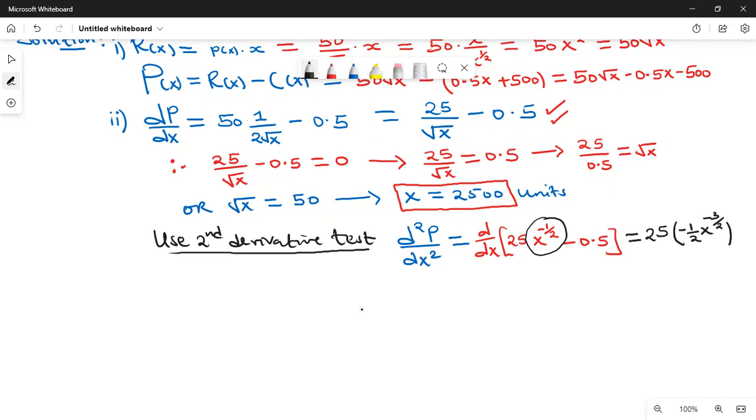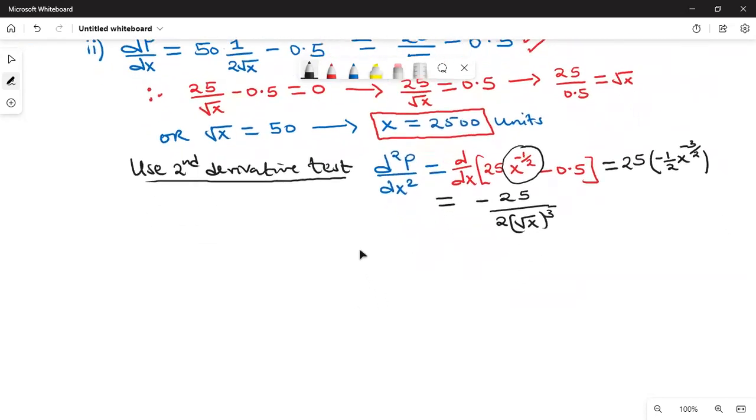Now, when x is 2500, what will it be? Remember, this can be written as, before I substitute x, negative 25 over 2 root x cubed. That's how it can be written, so that you can easily see it explicitly.